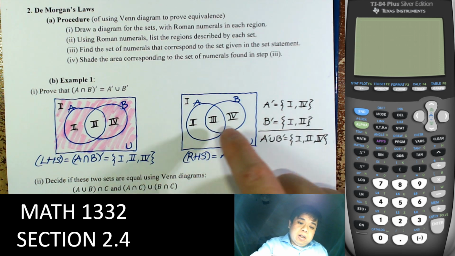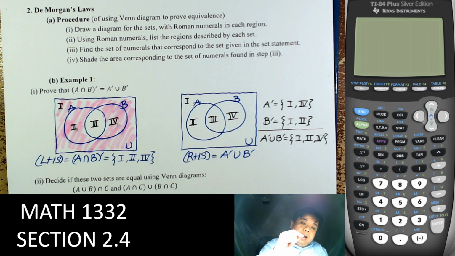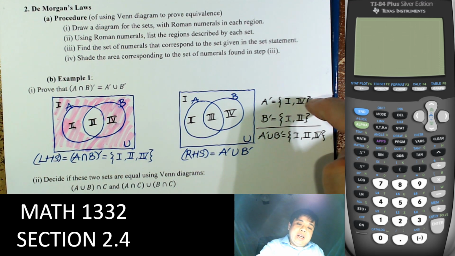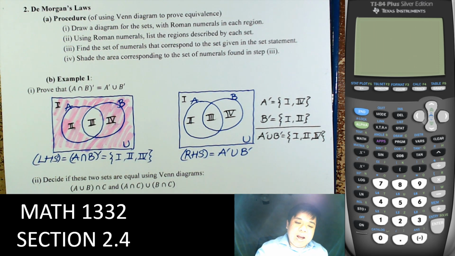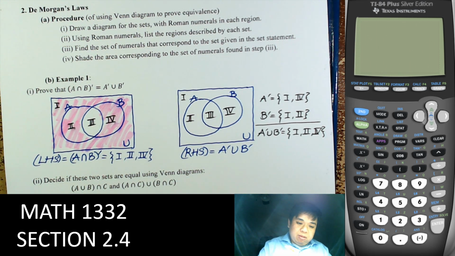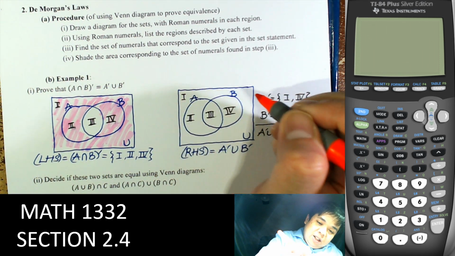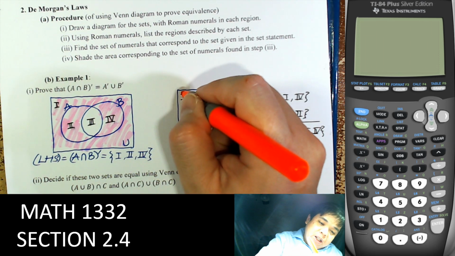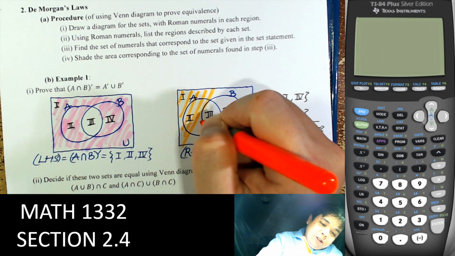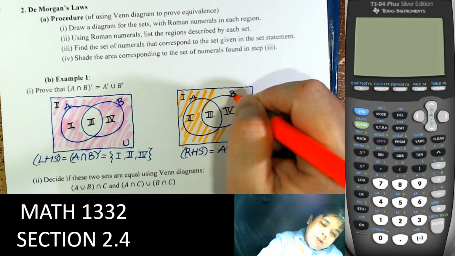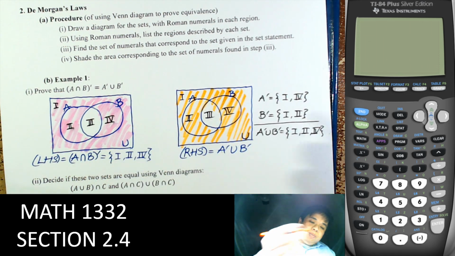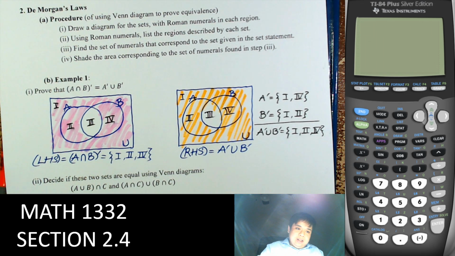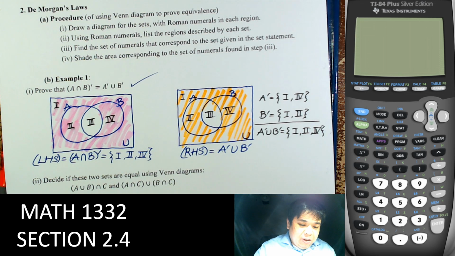The union means either in A prime, B prime, or both. And of course we get the same region, 1, 2, and 4, not 3. Yeah, so they are the same.